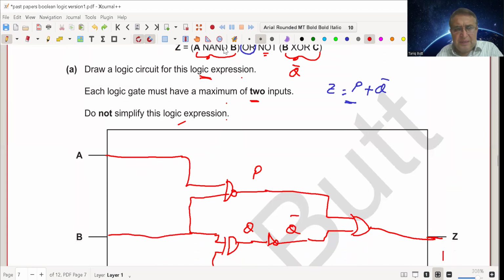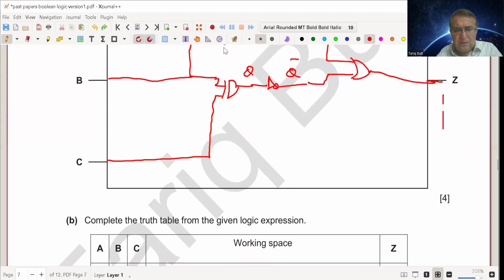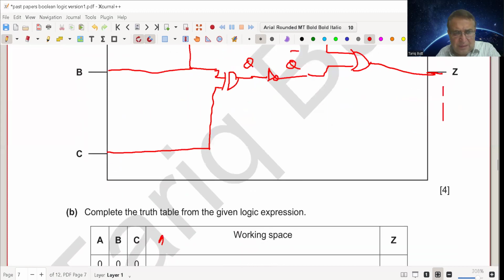So P is A NAND B. You can write it like this as well, A into B whole complement, which is A NAND B. This is P.